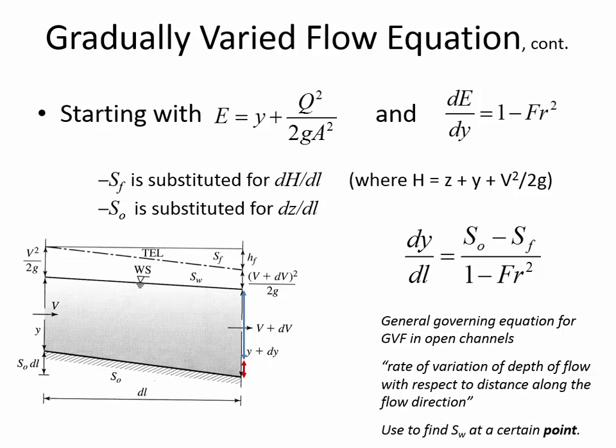Okay, so let's say that water is flowing off the edge of a cliff. Okay? Here's y1. We know, maybe we just know that here the depth is 3 meters. This process equation here says the change in depth with respect to some length, where here's the dl.